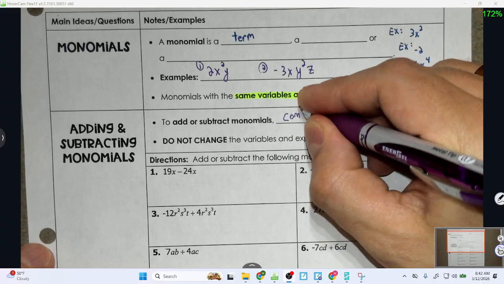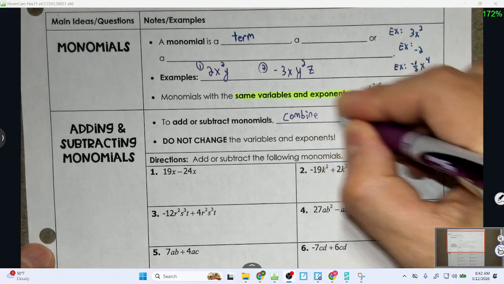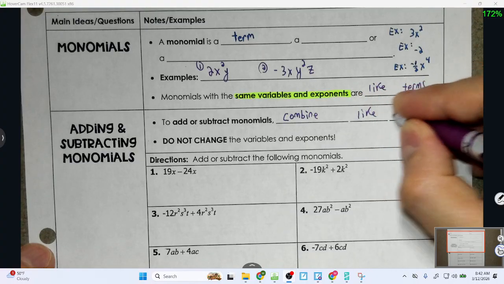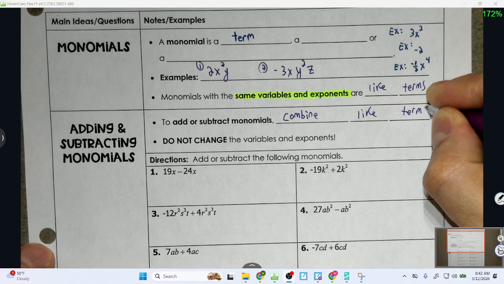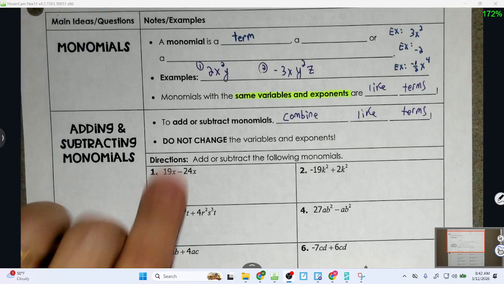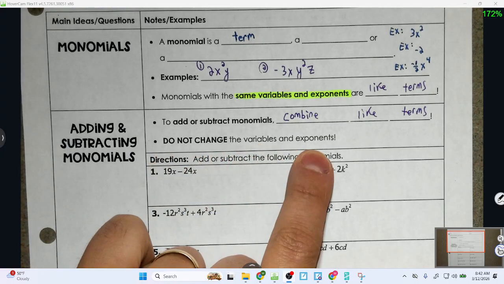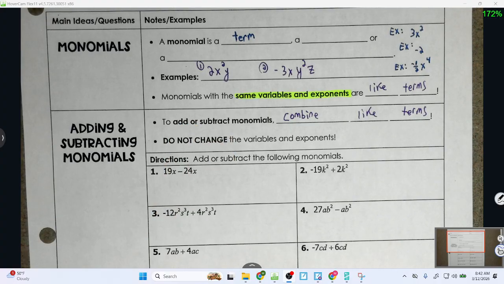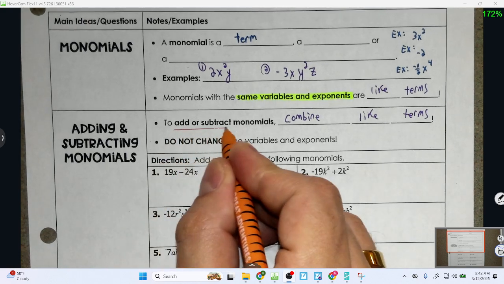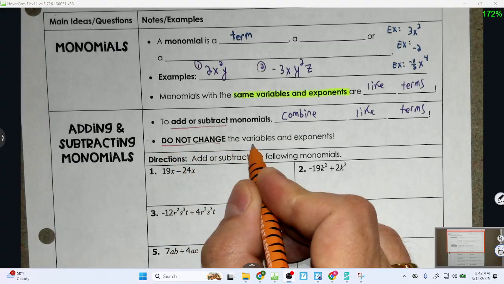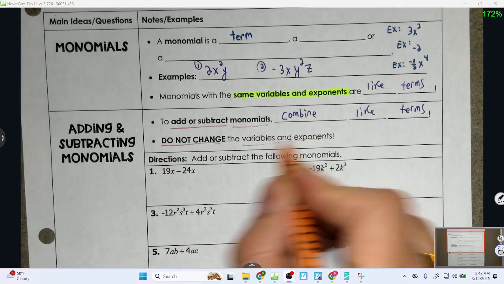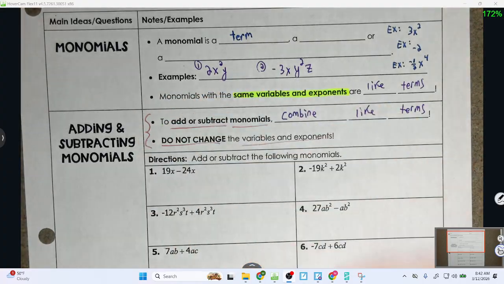Combine like terms. That's really all you're doing. Do not change the variables and exponents to add or subtract. What I'm trying to emphasize here is that when you add or subtract these, you do not change them. This is kind of important.